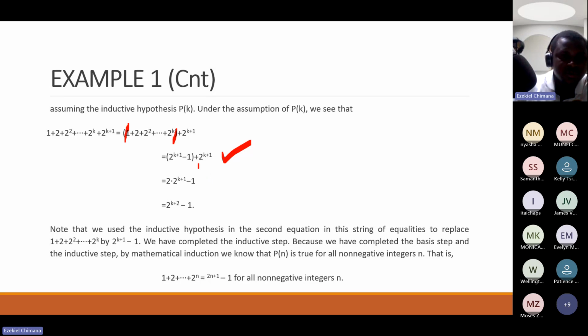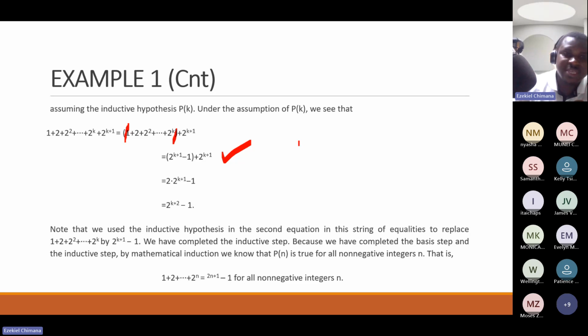So if you look at it, we've got 2 to the power k plus 1 minus 1 plus 2 to the power k plus 1. After that, we arrive at 2 times 2 to the power k plus 1. Where are we getting this number? Let's just take 2 to the power k plus 1 to be maybe x.